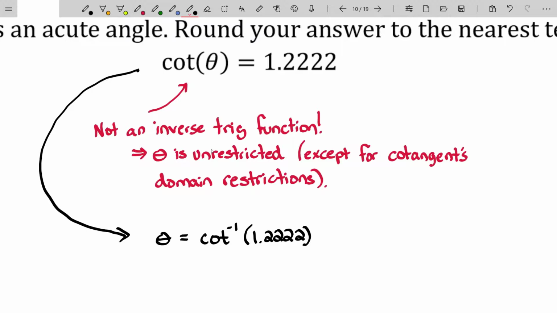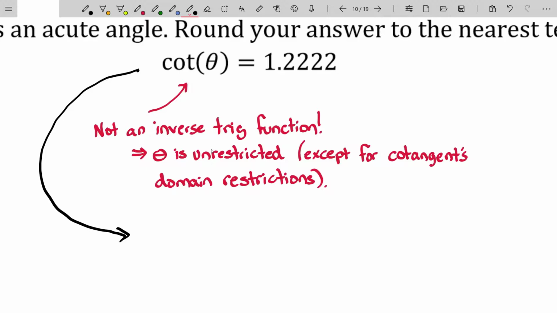However, we know that we do not have a cotangent inverse button on our calculator, because you only have sine inverse, cosine inverse, and tangent inverse, the top three. You don't have any of the other arc functions or inverse trig functions on your calculator, nor does Desmos. So how do you rectify this situation? Well, you go back to the drawing board and rewrite your original problem in terms of tangent.